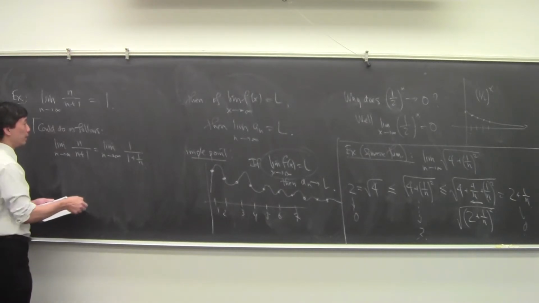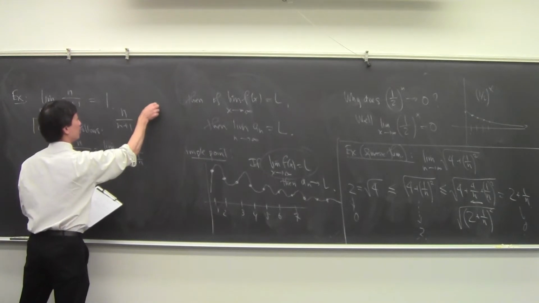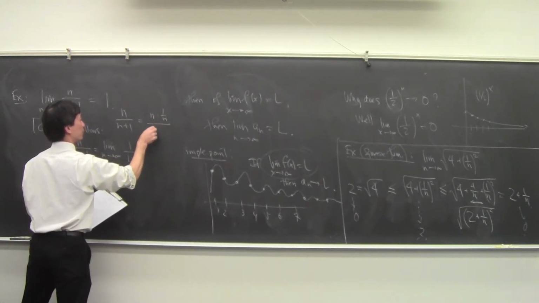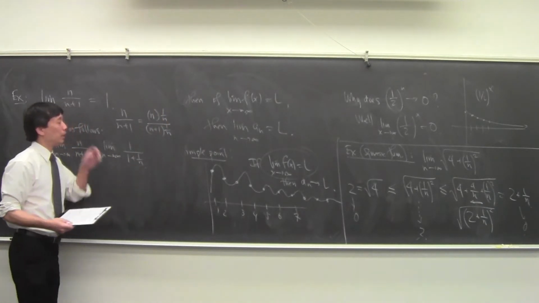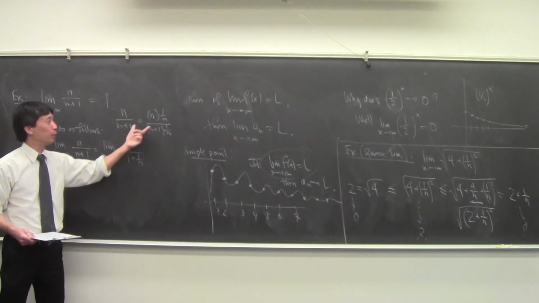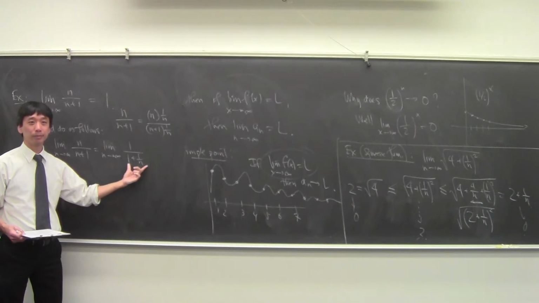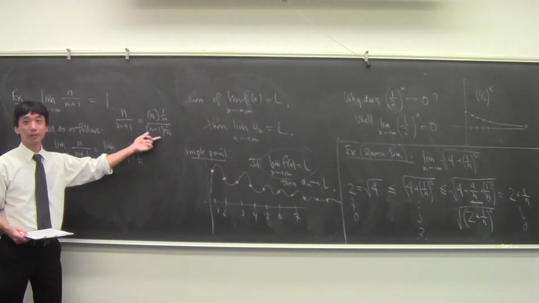Because I could multiply by 1 over n, as long as n is not 0, and it's not.